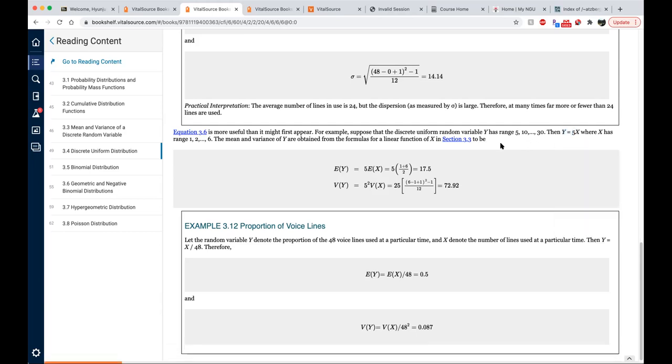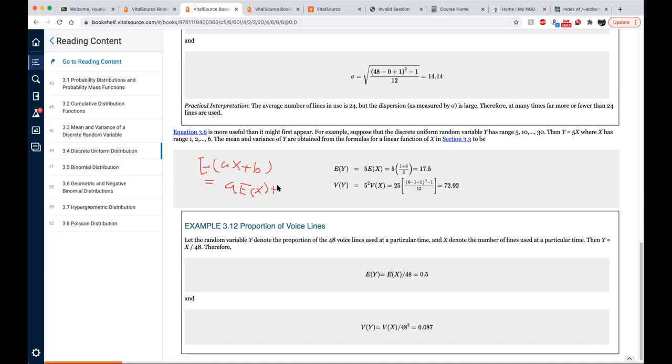Now E of y, because y is 5x. E of ax plus b is equal to a times E of x plus b.